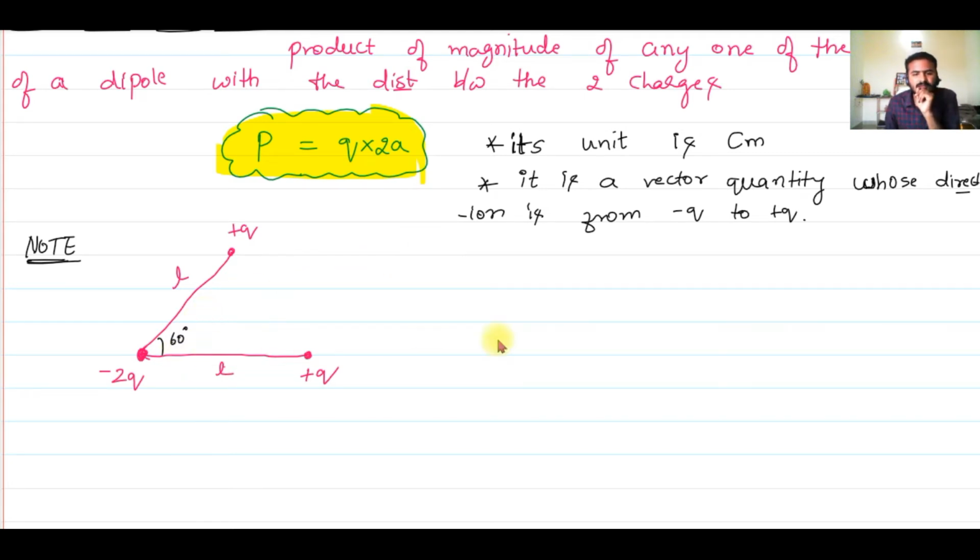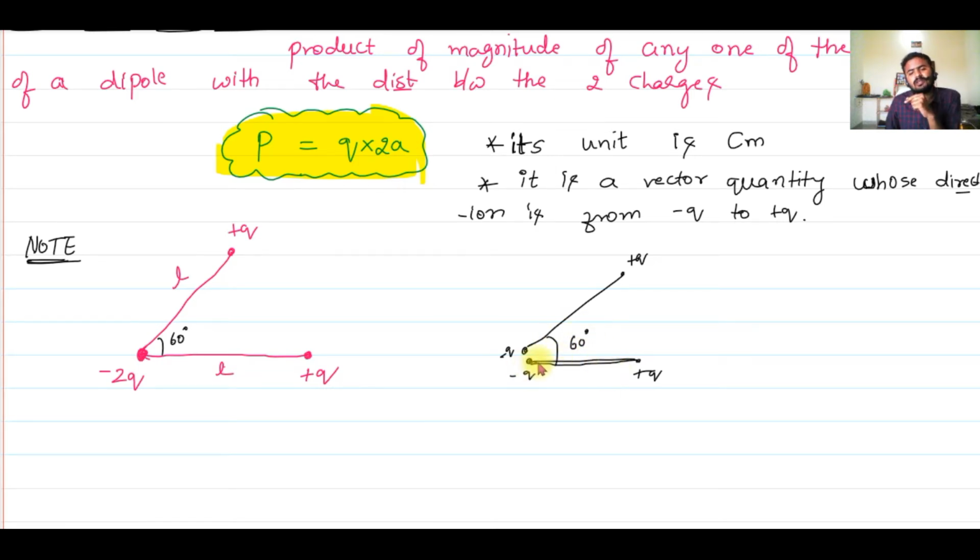Can you not visualize this minus 2q as minus q plus q here, and then another minus q and plus q here? And this angle is 60 degrees.